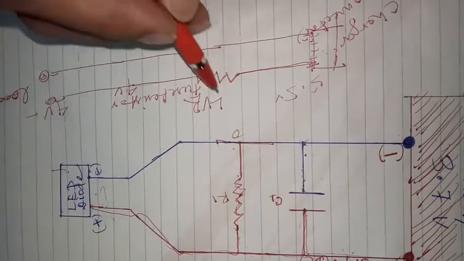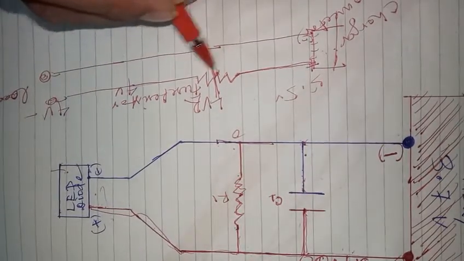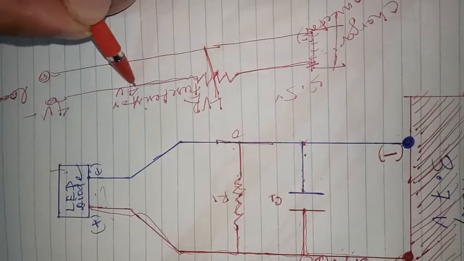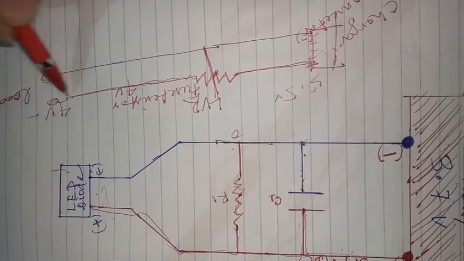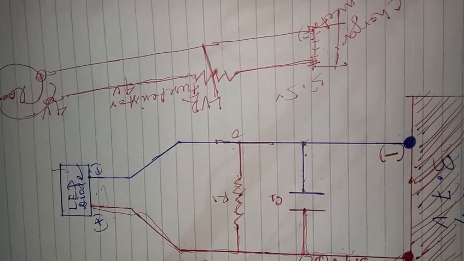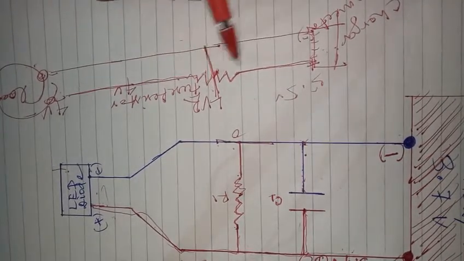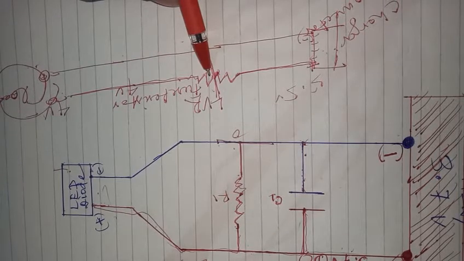It means broken from here, so that the 5.5 volt cannot pass to the load, and the load is protected. For protection, as a fuse resistor, the LVR is used in series connection.